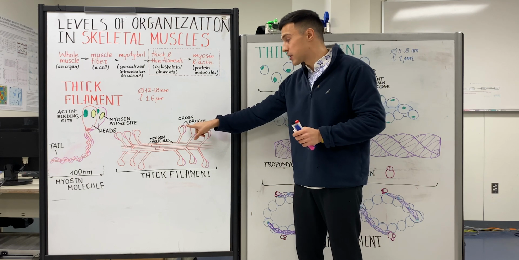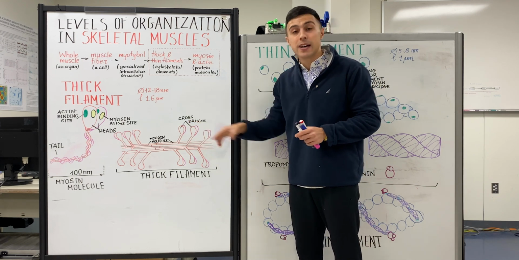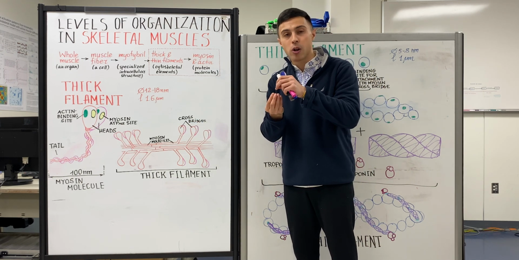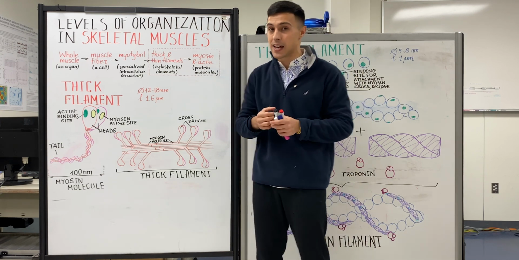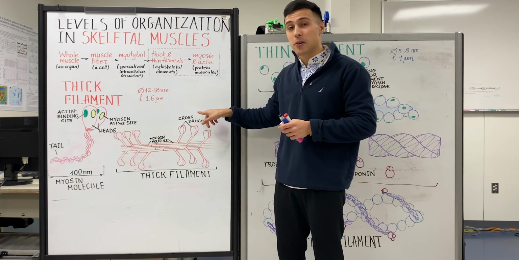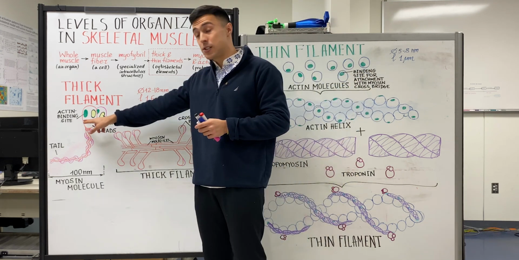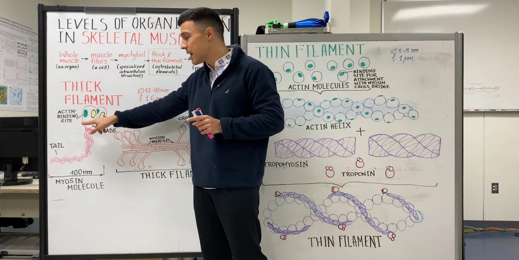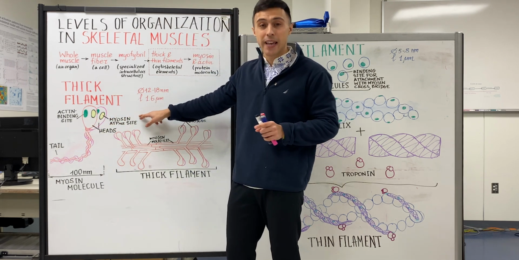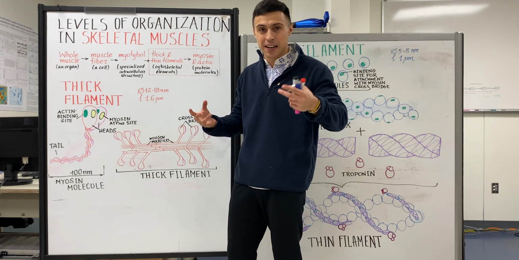Now, I also marked cross-bridge regions right here. These are the regions on the myosin molecule that will allow it to interact with the thin filament we'll discuss in a second. And they will interact with them through these two binding sites. The first one is called actin binding site, and another one is myosin ATPase or ATP splitting site.